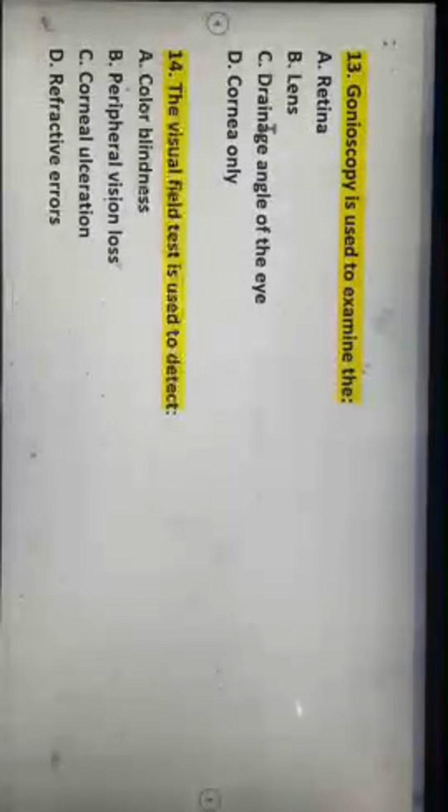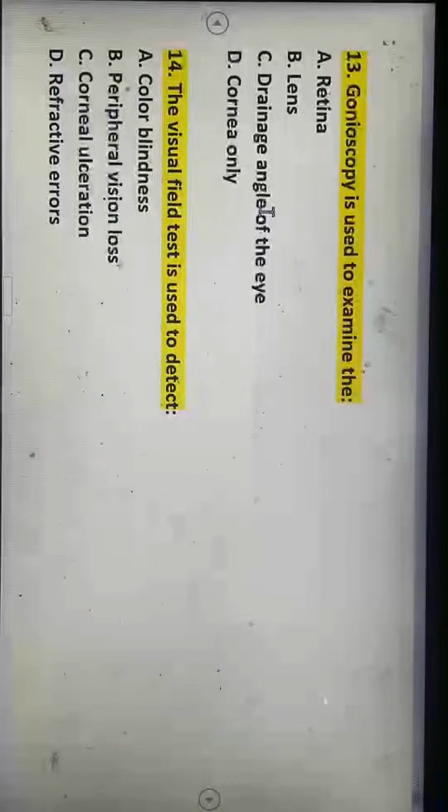So gonioscopy is used to examine the retina? Wrong. Lens? Wrong. So the correct answer is what? The drainage angle of the eye. Don't forget this again. Gonioscopy is a test used to examine the drainage angle of the eye.